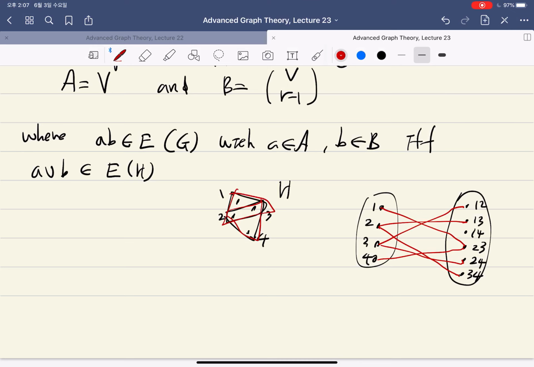So each hyperedge of size r gives us r edges in this graph G.